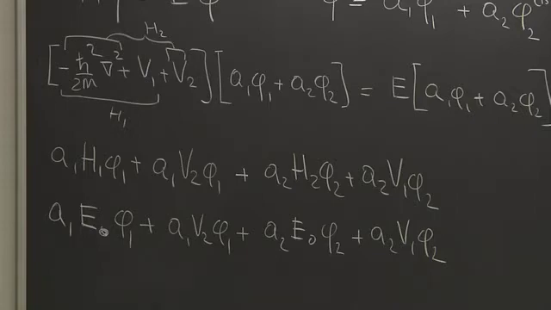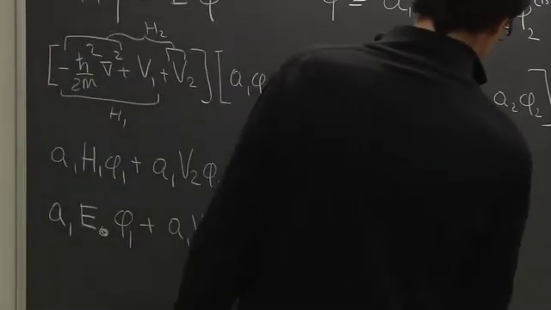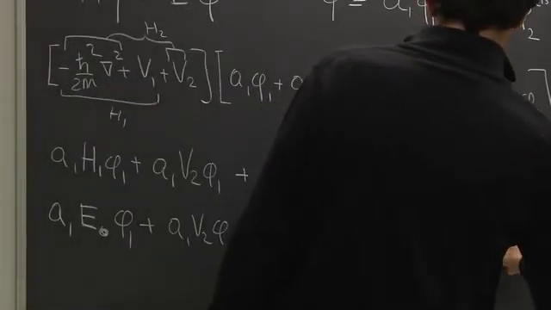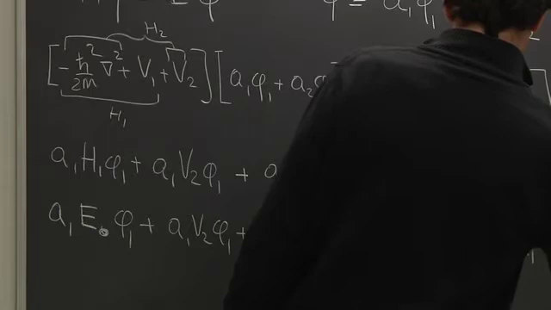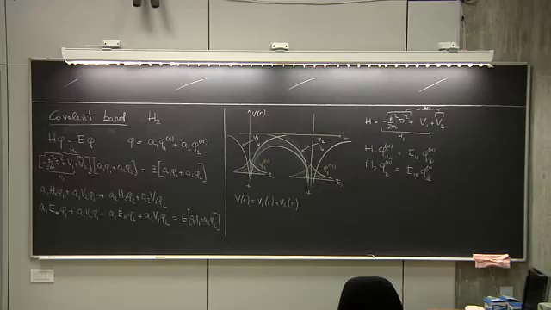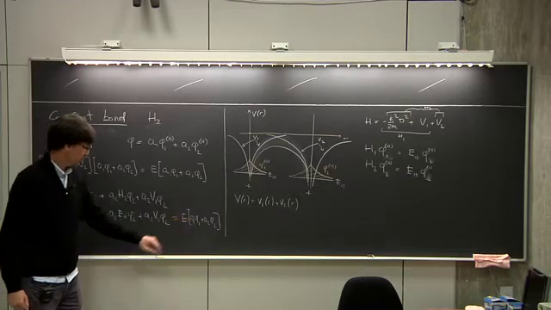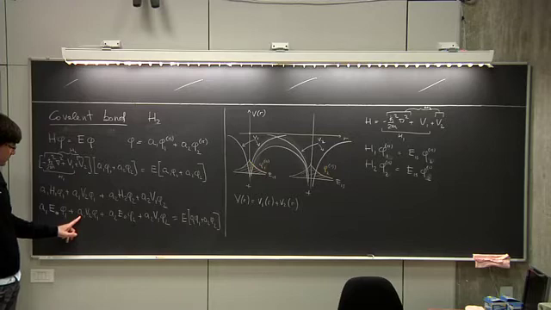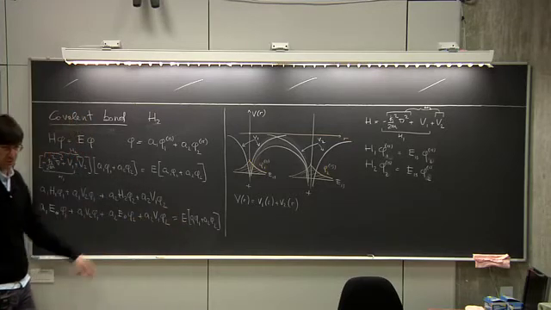This is, of course, only the left-hand side. There's always a right-hand side, which I can continue writing. Okay. So again, this is an equation of which I need to find A1, A2, and E, my three unknowns.